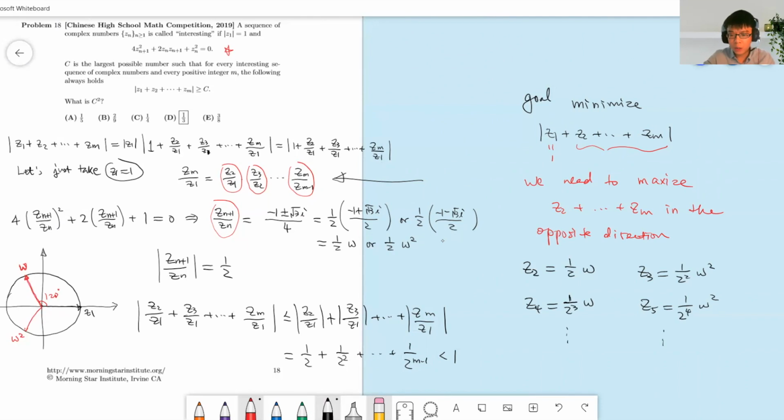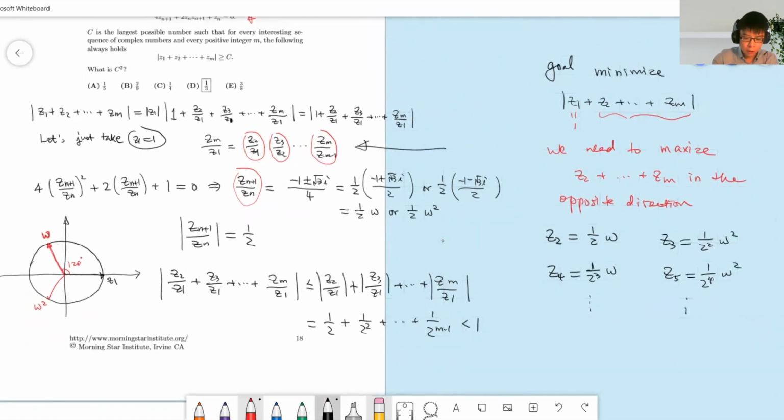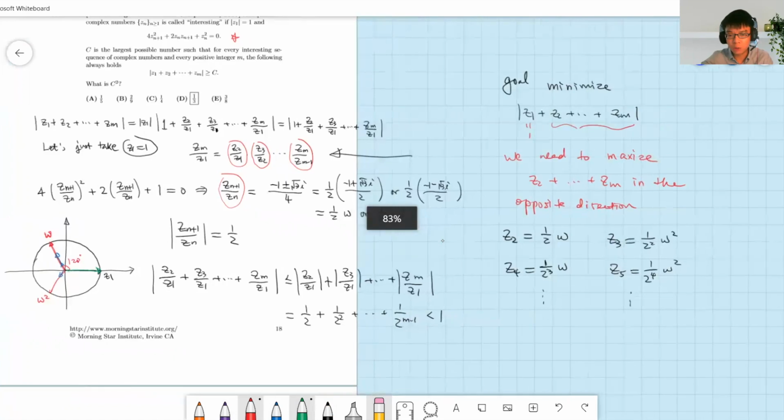So the intuition in this picture is that I take 1/2 in this direction, and maybe 1/4 in this direction, and then I flip back to 1/8 in the first direction. So we put all the later terms in these two directions. That means we try to maximize in the opposite direction, and it cancels Z1 as much as possible. In this way, we make the whole summation have the smallest modulus. Here I'm telling you the intuition, okay, intuition.